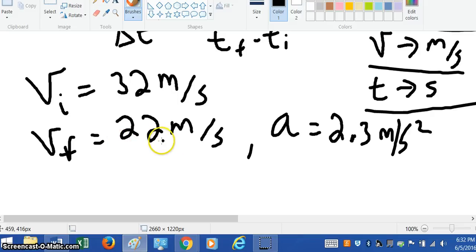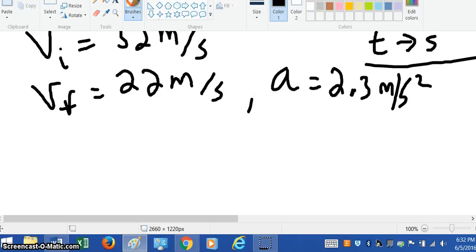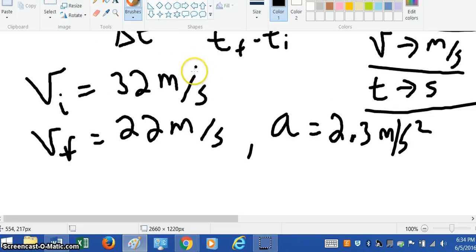I didn't really put the negative here, but you'll see that it's negative, where the final velocity is 22. Since I've already said that it's slowing down, and you can see that from the initial velocity being 32 meters per second and the final velocity being 22, we're going to put the negative sign in right there: negative 2.3 meters per second squared.